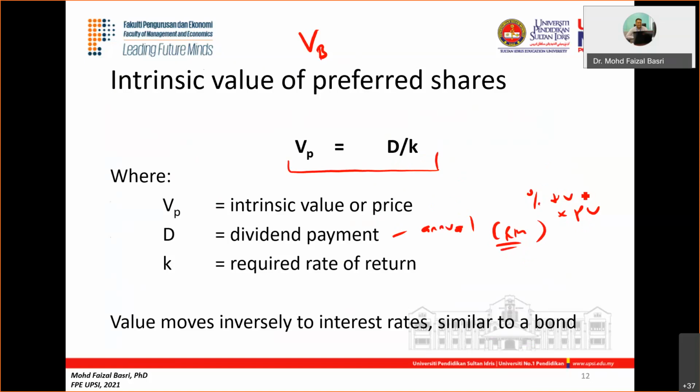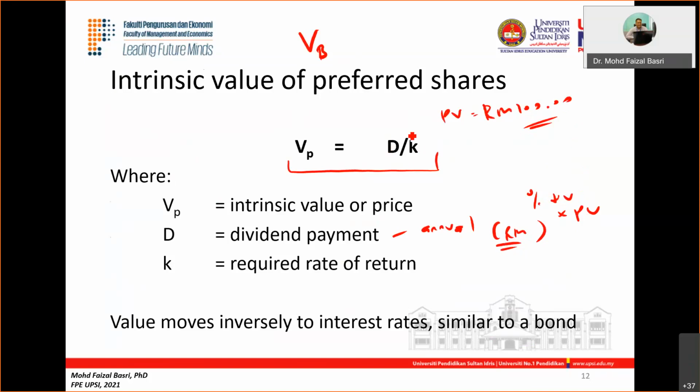And again, the par value of preferred is 100 ringgit. So if it's 5%, just like my first example earlier, 5% times 100 is 5 ringgit. So the dividend will be 5 ringgit.